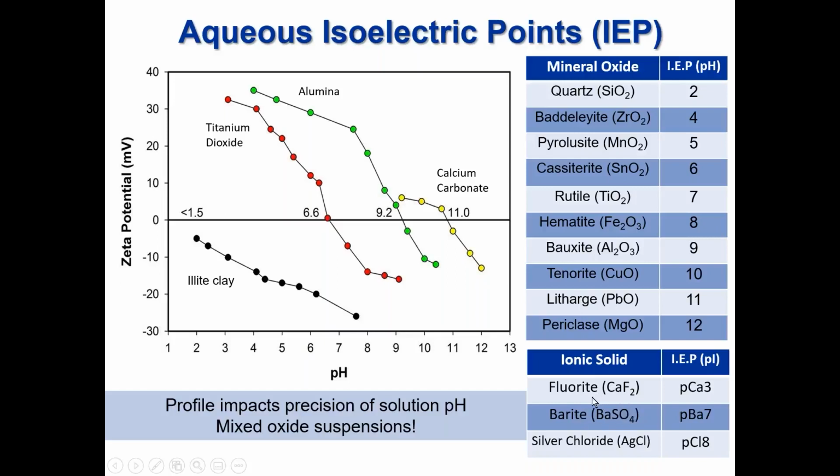All of this, of course, can be checked and monitored using Zeta potential measurements, which brings me to preparing mixed slurries. Since materials are charged and will have different isoelectric point values, mixing suspensions of 2 or more can have unwanted consequences. Let's take an example of making lead zirconate titanate, which uses lead oxide, titanium dioxide, and zirconia.